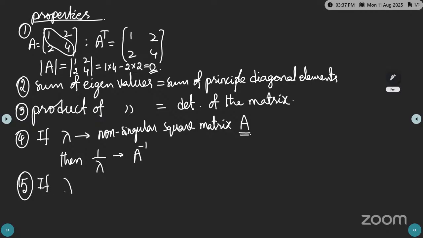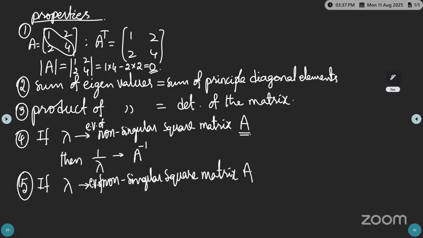If lambda is an eigenvalue of a non-singular square matrix capital A, then determinant of A by lambda is an eigenvalue of adjoint of the matrix A. Suppose we are given a matrix and asked to find the eigenvalues of the adjoint of the matrix.